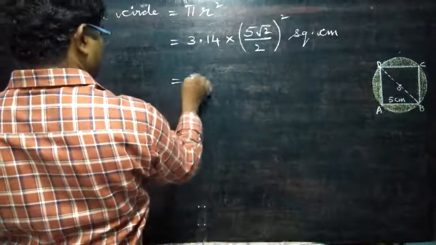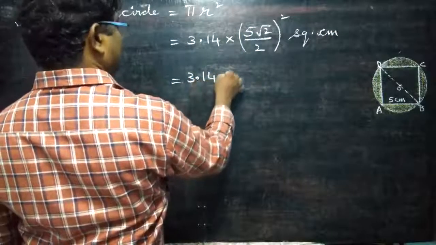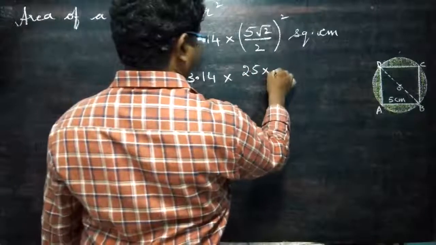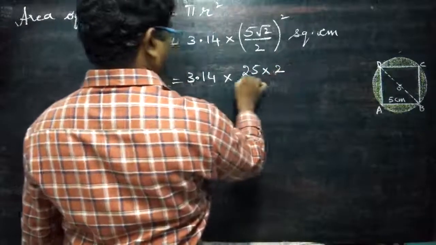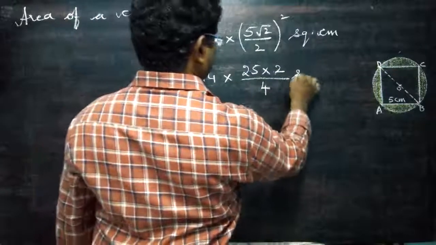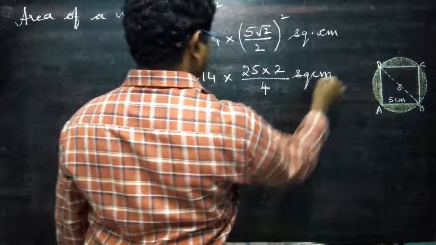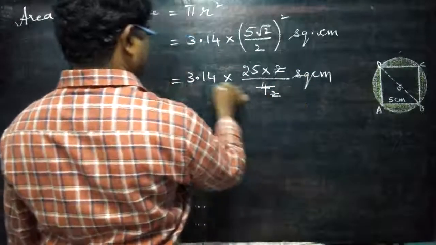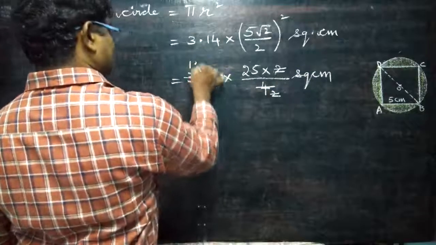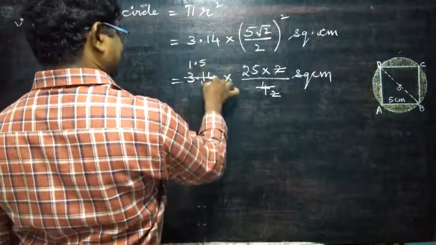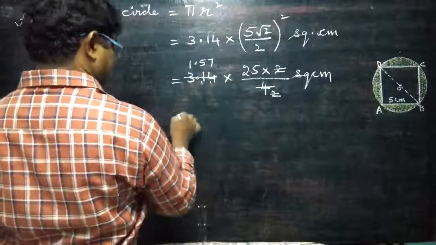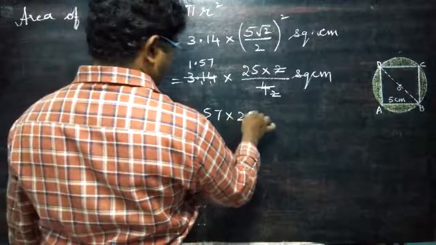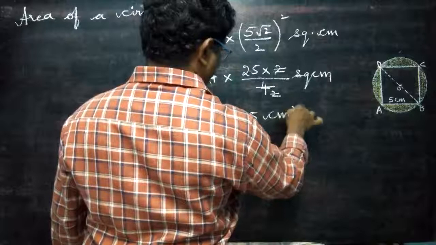So 3.14 into 5 fives are 25, root 2 into root 2 is 2, 2 by 2 twos are 4. 2 goes 2 times. 2 ones are 2, 1 remaining. 2 fives are 10, 2 sevens are 14. That is equal to 1.57 into 25 square centimeters.